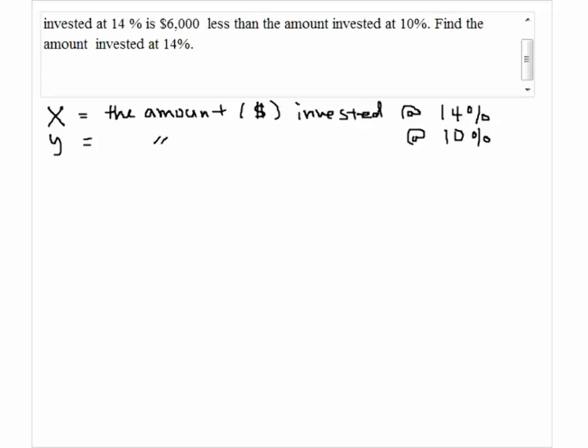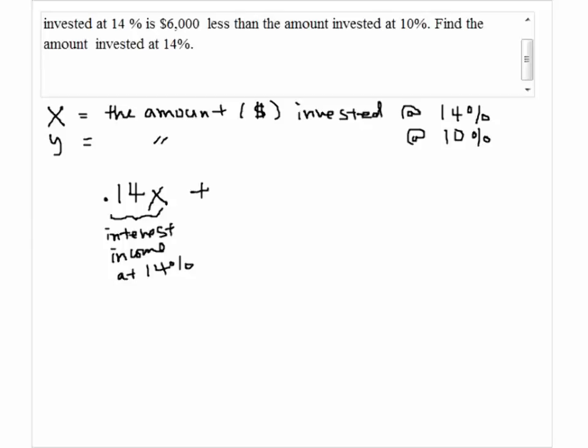Now, let us make an equation in terms of the interest income, which is $4,200. The interest income obtained from the 14% account will be given by 0.14 times the amount invested, which is X. So 0.14X is the interest income at the 14% account.